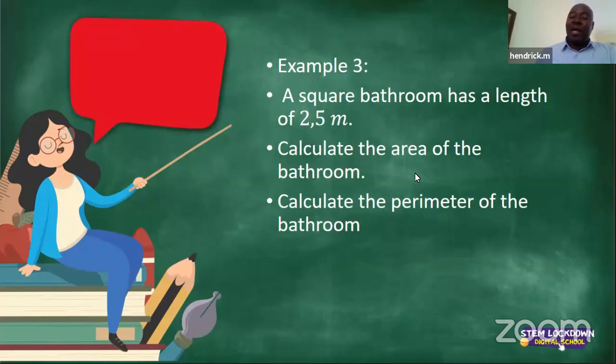Calculate the area of the bathroom, and equally calculate the perimeter of the bathroom. Now we've given you the length, and you need to calculate the area as well as the perimeter.